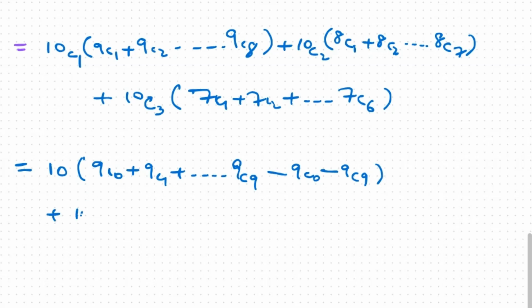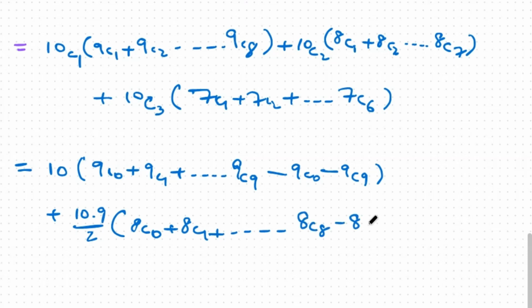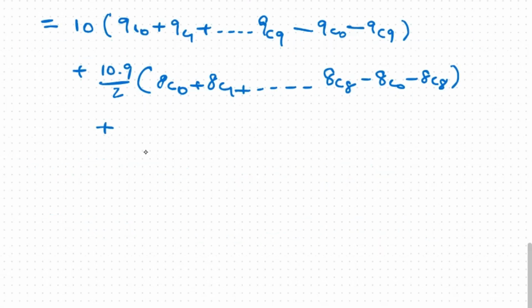Here 10C2 is 10 into 9 by 2, into here this will be the same, 8C0 plus 8C1 plus and so on up to 8C8 minus 8C0 minus 8C8, plus 10C3 will be 10, 9, 8 by 3, 2, 1.